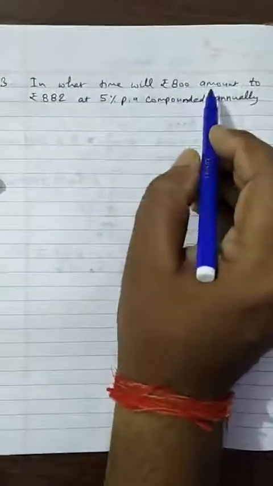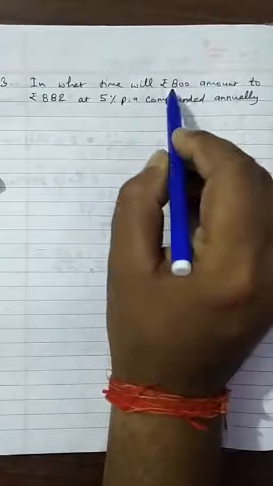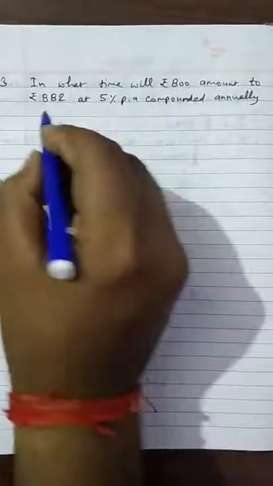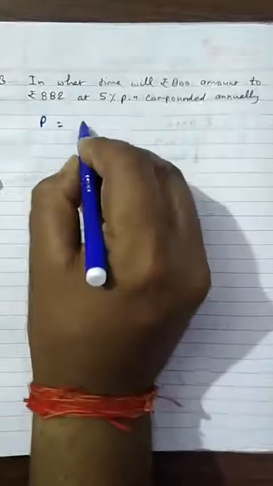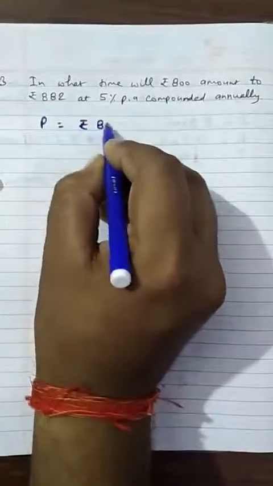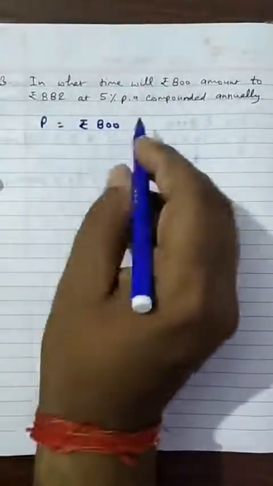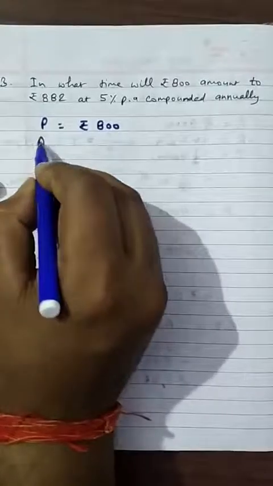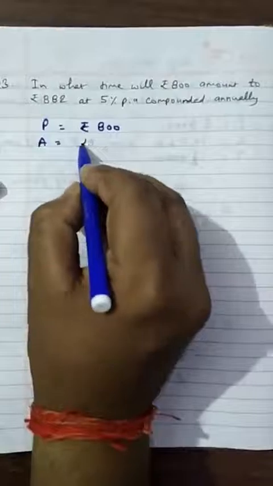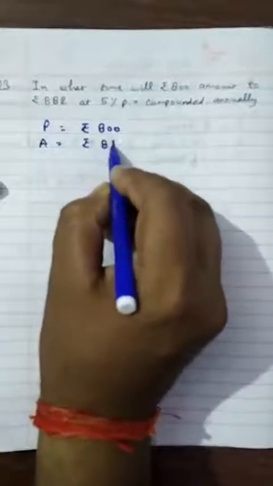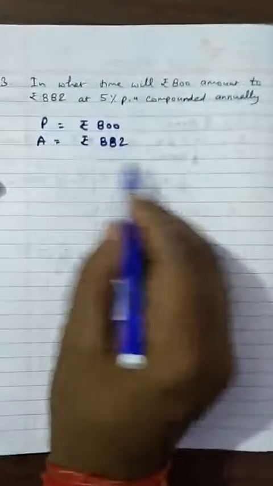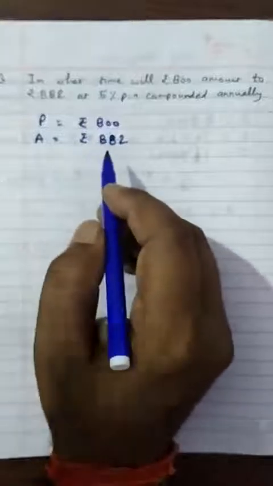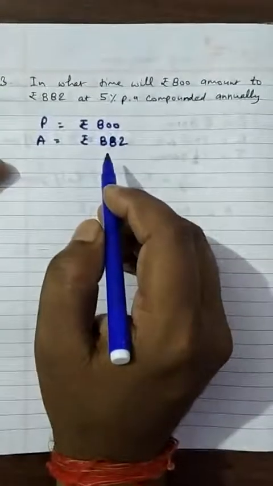Here this is the principal. Lesser amount is principal and the bigger amount is amount. 882 is the amount and 800 is the principal.